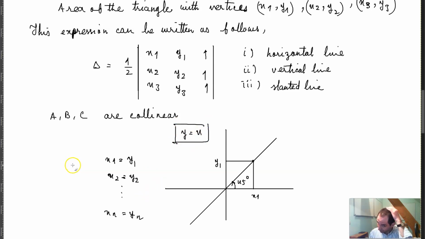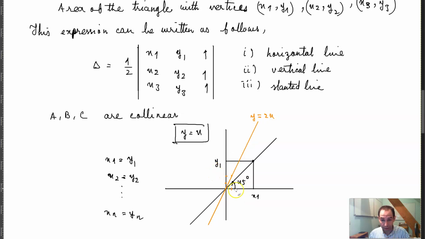If, on the other hand, I have a line, for example, suppose that this is 1 unit and this is 2 units, and suppose that I have this line over here, and this is y is equal to 2x.